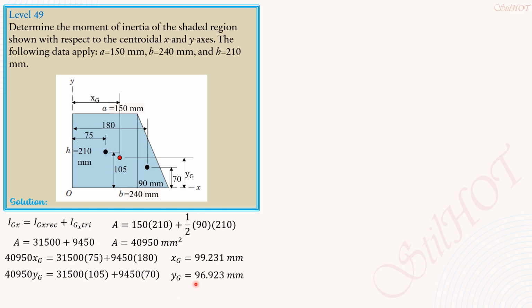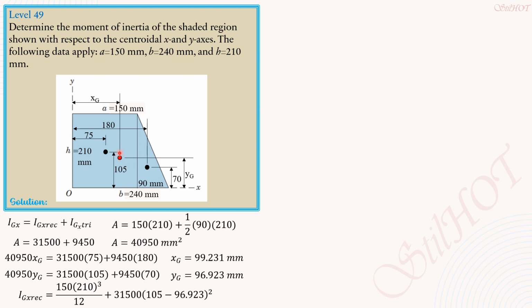So having found xg and yg, we can now transfer the moment of inertia of the rectangle's centroidal x-axis to this axis here by the transfer formula. So IGX of rectangle equals BH cubed over 12 plus area of rectangle, 31,500, times the distance between the centroidal x-axis of the rectangle and the centroidal x-axis of the entire area. This vertical distance is equal to 105 mm minus yg.